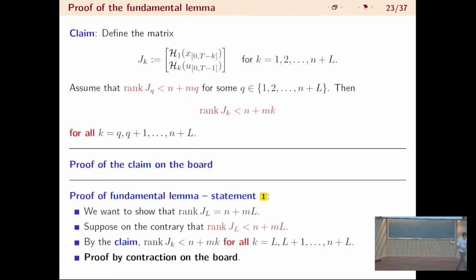So let's now continue on the board again. So, we have the following situation. The rank of JL, we suppose that was less than n plus ml.